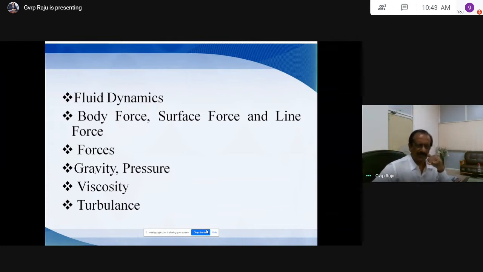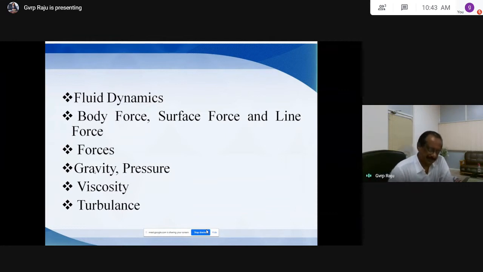At one particular point the pressure is P, and if you go on moving in the flow direction, the pressure force at the other location is entirely different. So you can expect a pressure force because of the change of pressure between any two points in a flowing fluid.